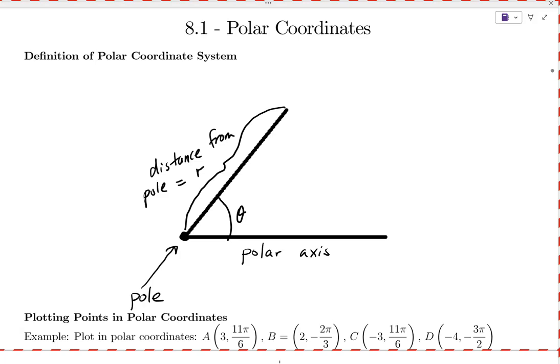Once I describe how far you are from the pole and the angle that segment makes with the polar axis, then I know exactly where this point is. So the polar coordinates for that point, we write the r first and then the theta. The r is distance from the pole, distance from the origin. The theta is the angle that the terminal side would make with the polar axis, which is stuff that we've already done.